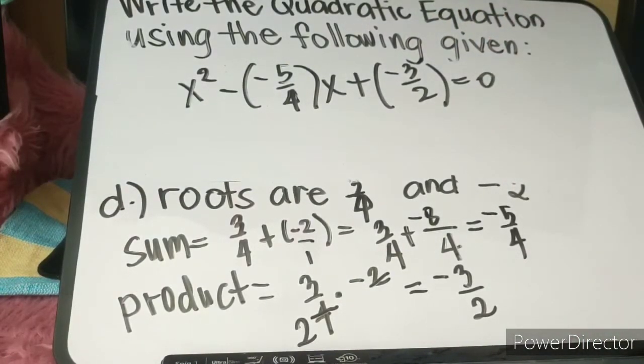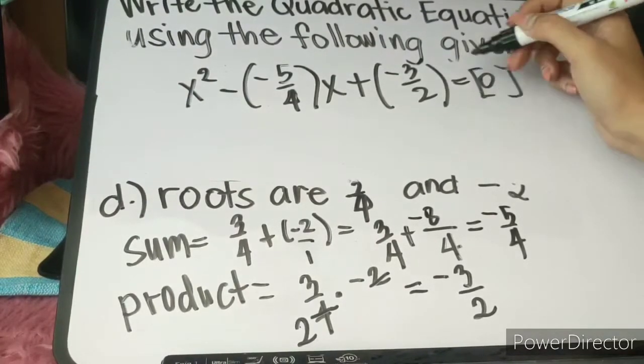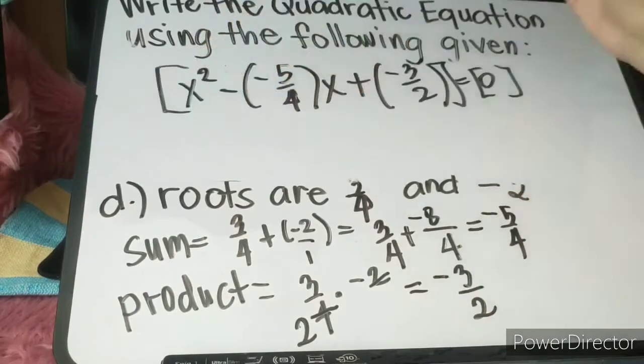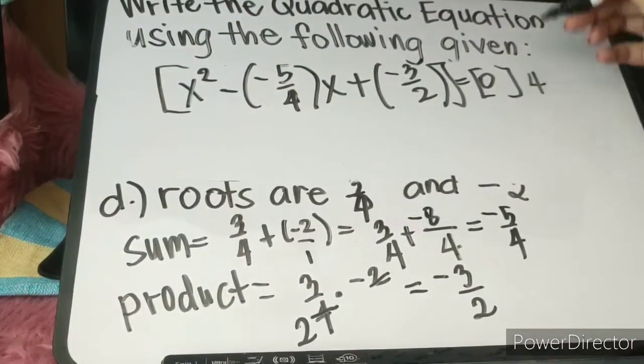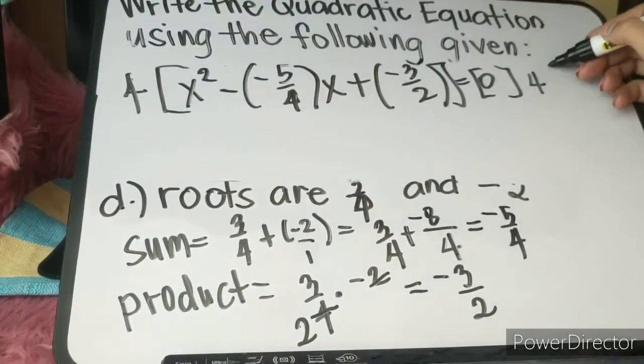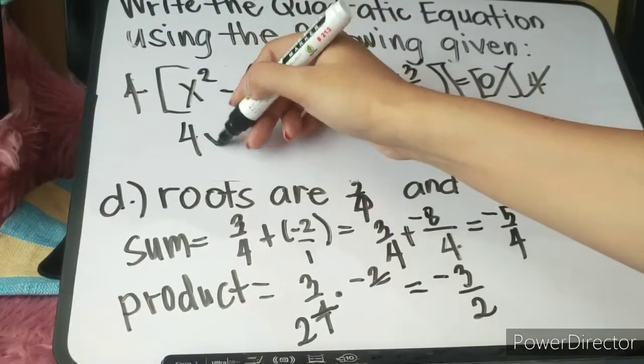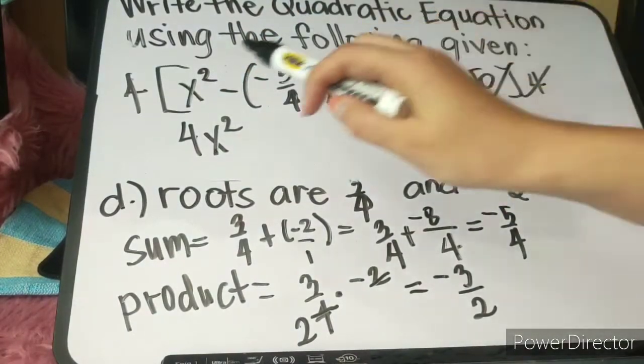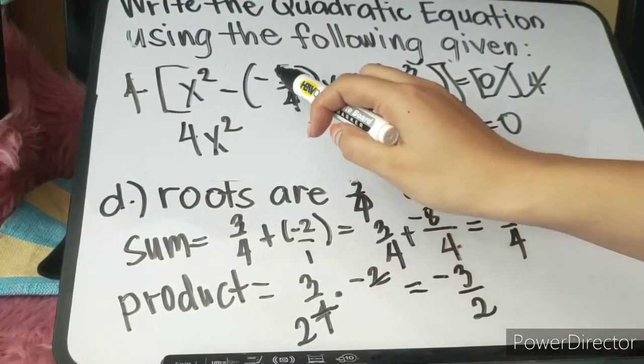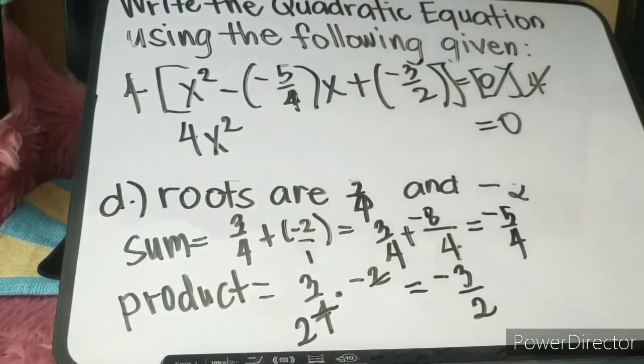Okay, and as you can see, we have a denominator. So what we will do is to multiply both sides by our LCD. LCD of 4 and 2 is 4. So ito ay magiging 0 pa din. And then 4 times x squared is 4x squared. And then 4 divided 4 is 1 times 5 is 5.